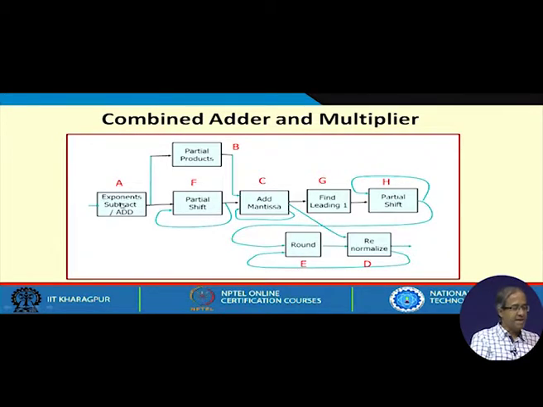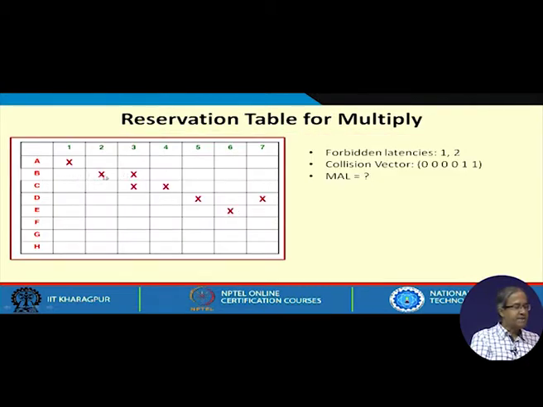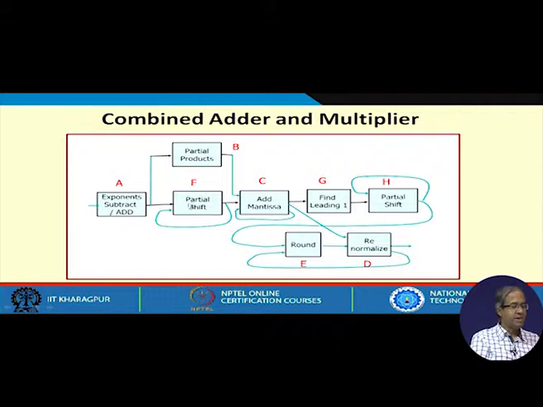You will be needing A, B, C, D and E. Here what we are saying is that steps B and C will require a little more time. We are seeing that it is taking 2 time steps, because partial shifting or the partial products and the add mantissa will take more time.